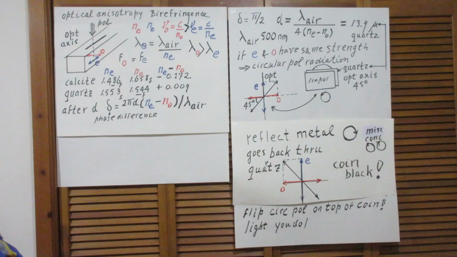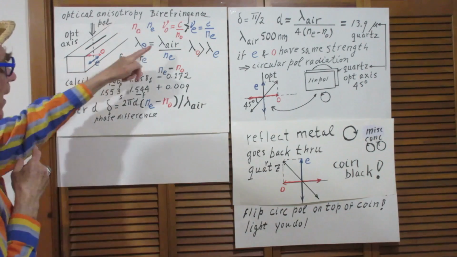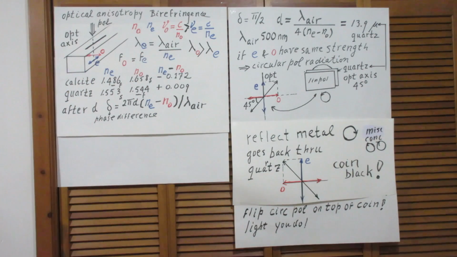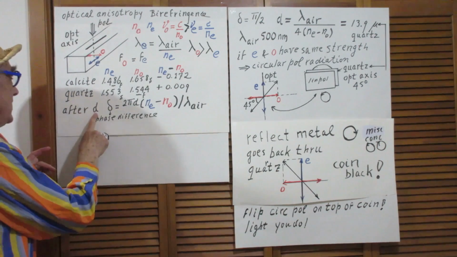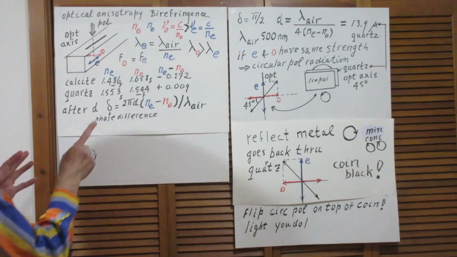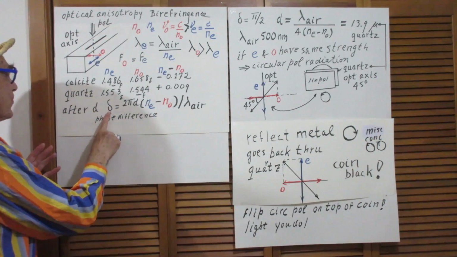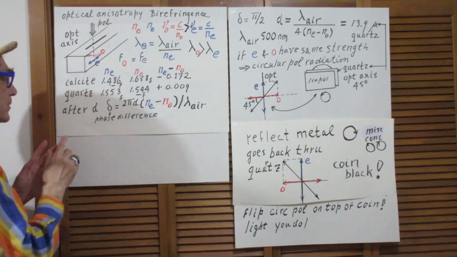Now, since these two waves propagate with different speeds, when they have traveled through a distance d, there is a phase difference between those two components.